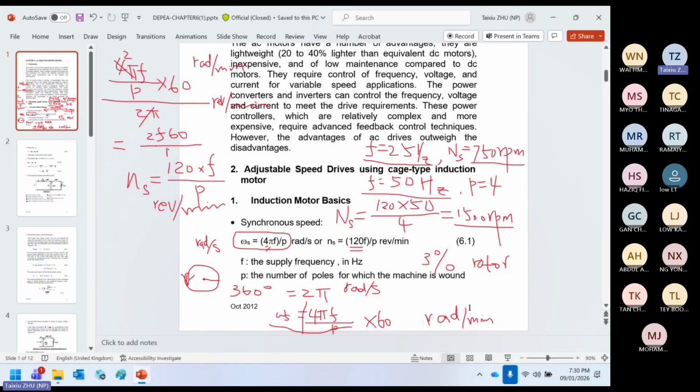What is this exactly? 120 f divided by p, right? So they are saying the same thing, all representing speed. One is in terms of radians per second, the other is revolutions per minute. So now I've answered your question, where does the 120 come from? Actually from here.